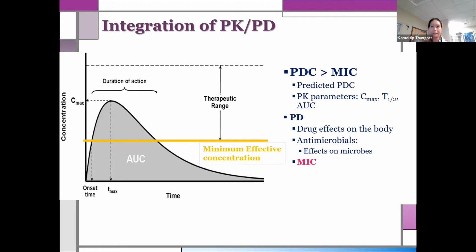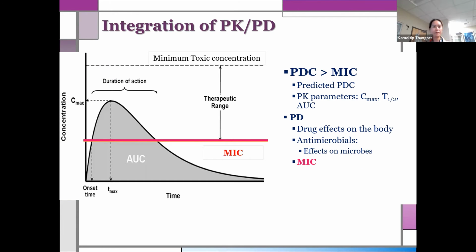We all know this curve. In the pharmacodynamic picture, we call this concentration the minimum effective concentration. But for antimicrobial drugs, it's going to be the MIC, right? Because we need plasma drug concentration to stay above the MIC. That's the minimum effective concentration; the MIC is the same thing in this case.